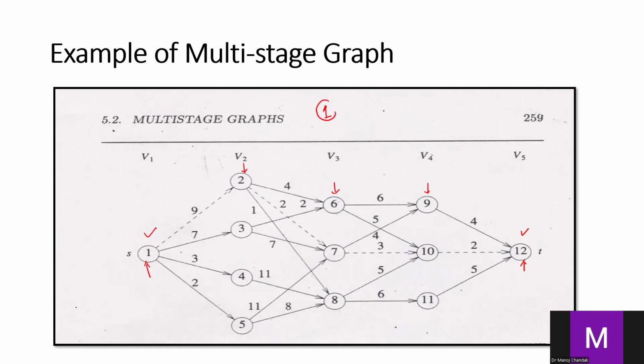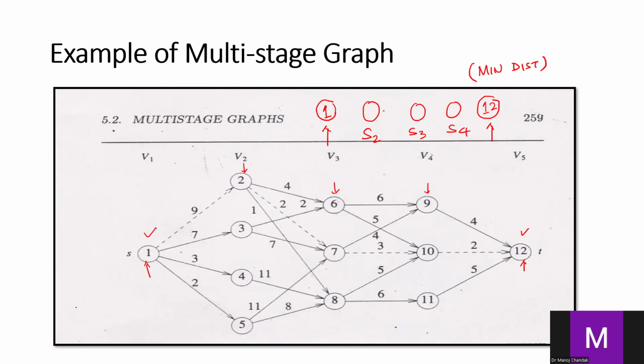So the path will consist of vertex 1 and vertex 12, and there will be 3 intermediate vertices which will belong to stage 2, stage 3, and stage 4. The motivation to solve this problem is to travel from vertex 1 to vertex 12 in minimum distance.